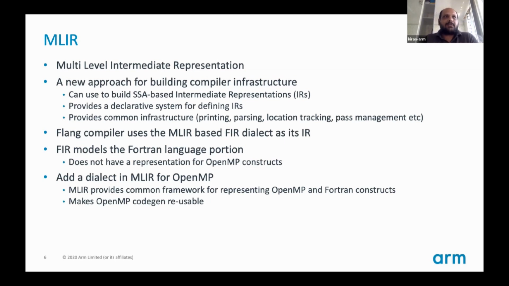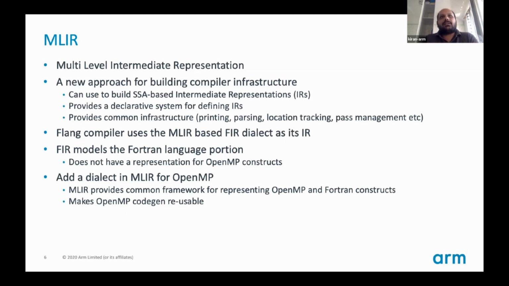So the Flang project decided to use the MLIR infrastructure for defining the high-level IR, and the result is the Fortran IR or FIR. The important point to note here is that FIR models the Fortran language portion. So there is no representation for OpenMP constructs inside this FIR.